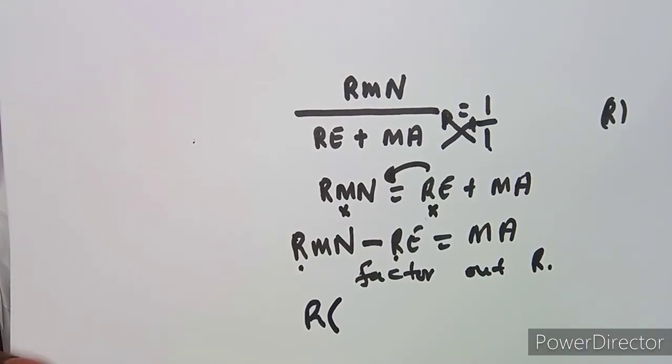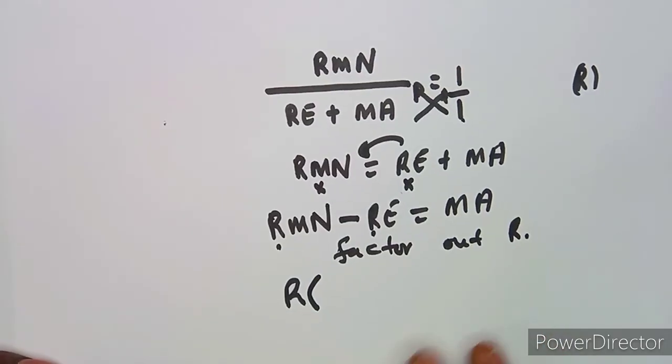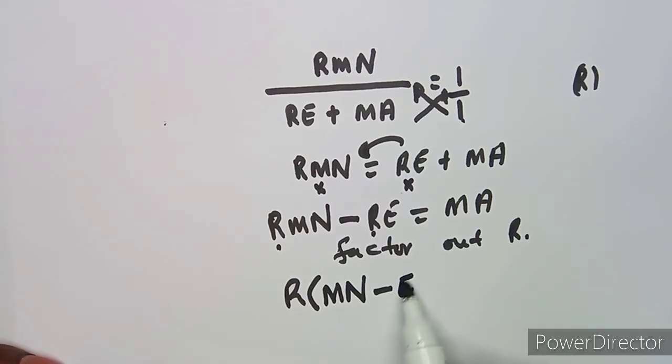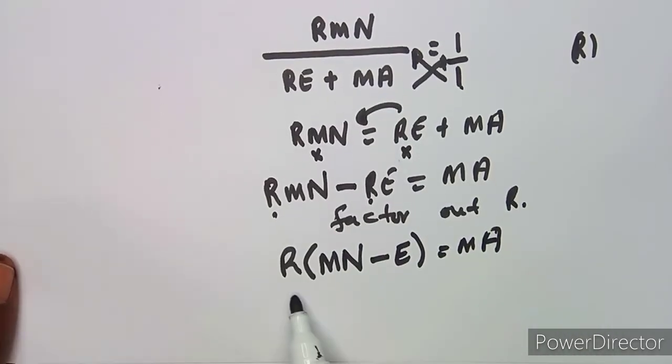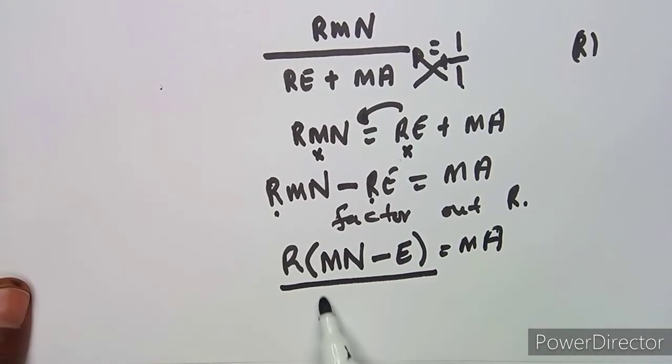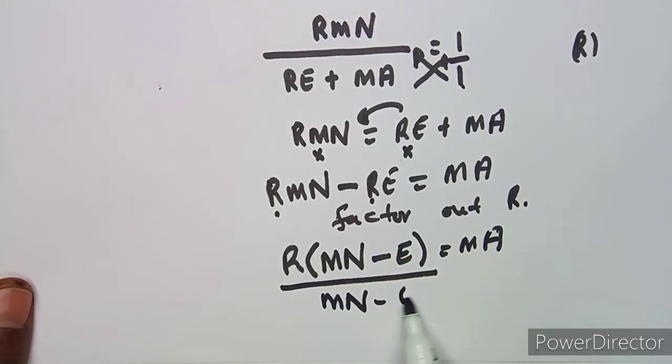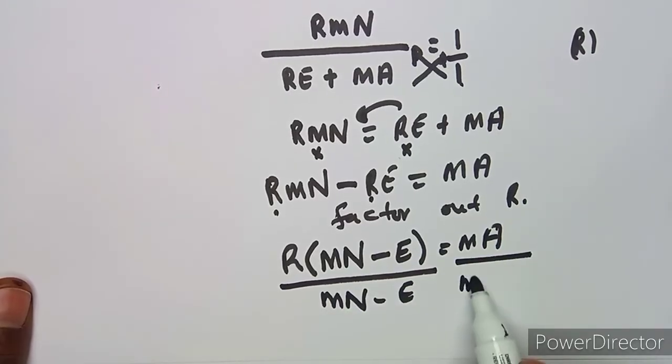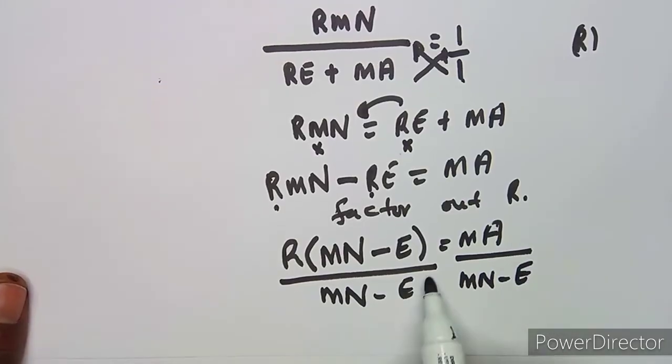That is to factorize. So if you factorize R here, it's going to be Rmn divided by R, which is Mn. You're going to be left with Mn minus Re divided by R. This will cancel. You're going to be left with E like this, which is equal to Ma. And we want to make R to be the subject, so what are we going to do? We divide by the bracket of Mn minus E, both sides.